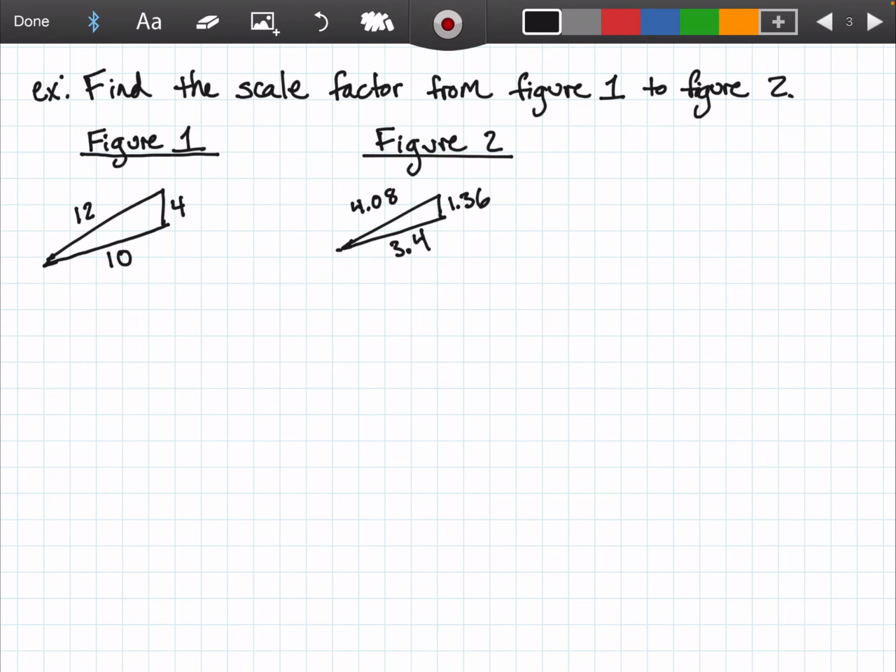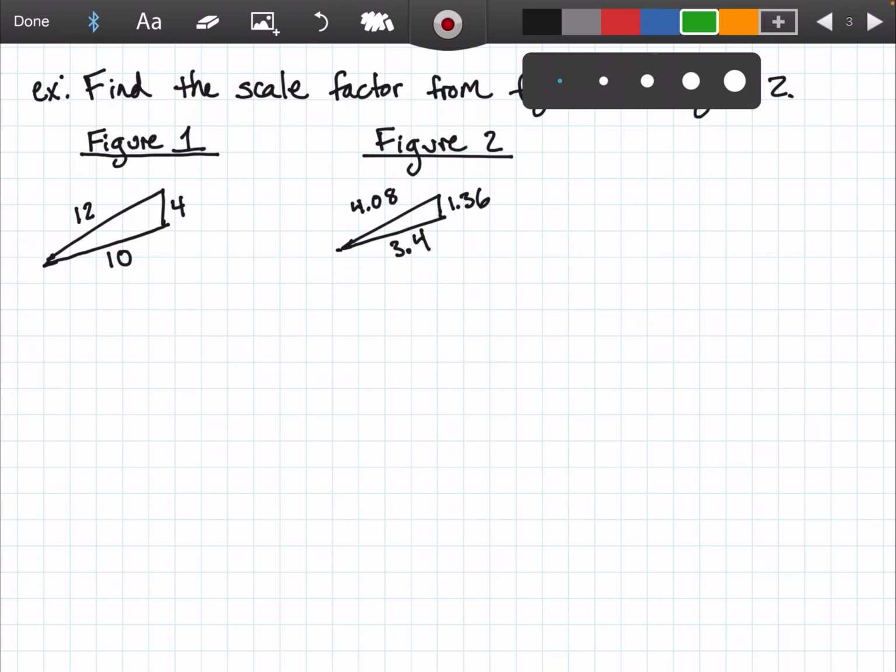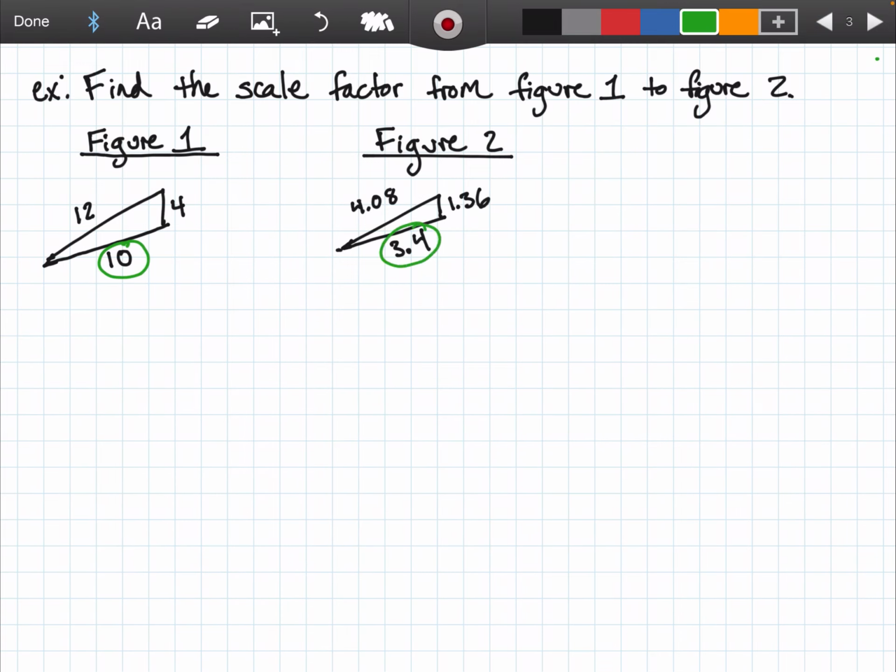If I have to find the scale factor from figure 1 to figure 2, I can take any of these side lengths here. So I can take 10 to 3.4. And I need to know, okay, well 10 times my scale factor is going to get me 3.4. And so what we can do is just get K by itself.